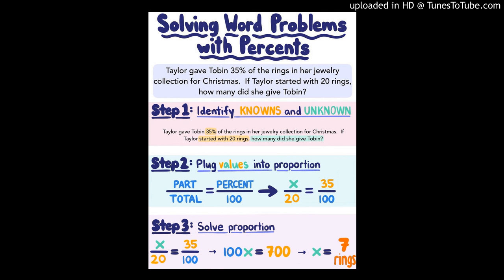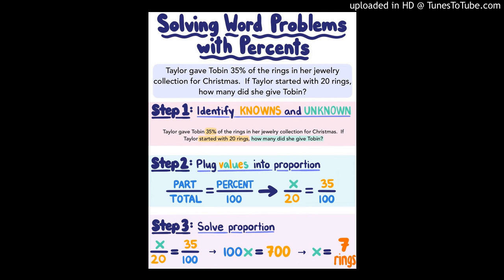Page 4. Example 2. Find the percent increase or decrease if 15 is increased to 20. Percent change over 100 is equal to the amount of change over the original amount. To find the amount of change, you must subtract the original amount and the new amount.